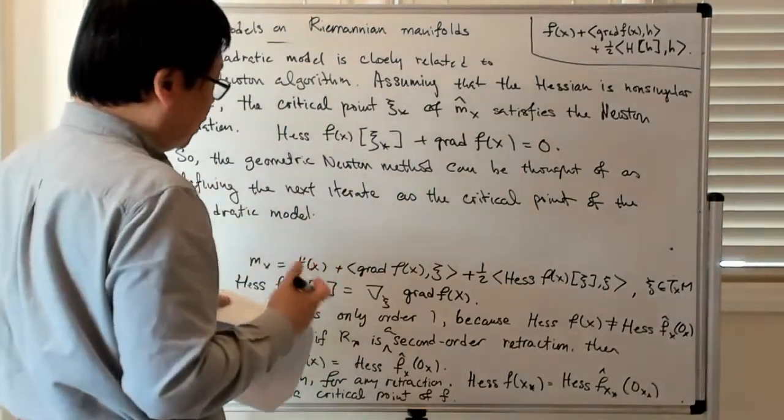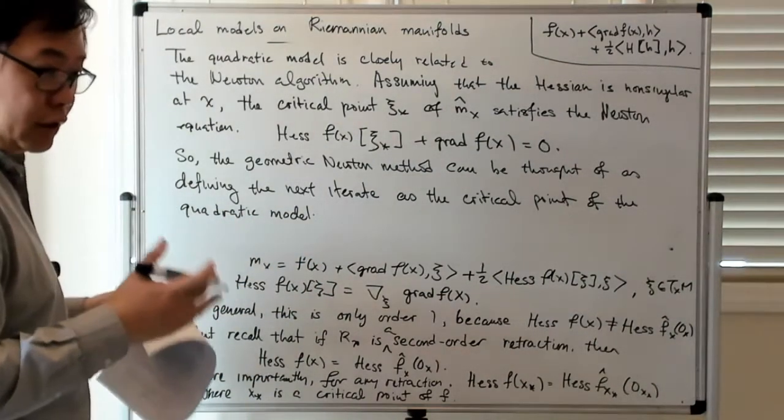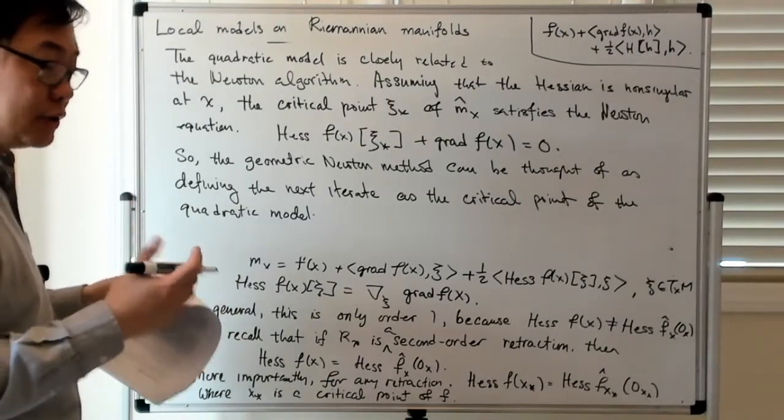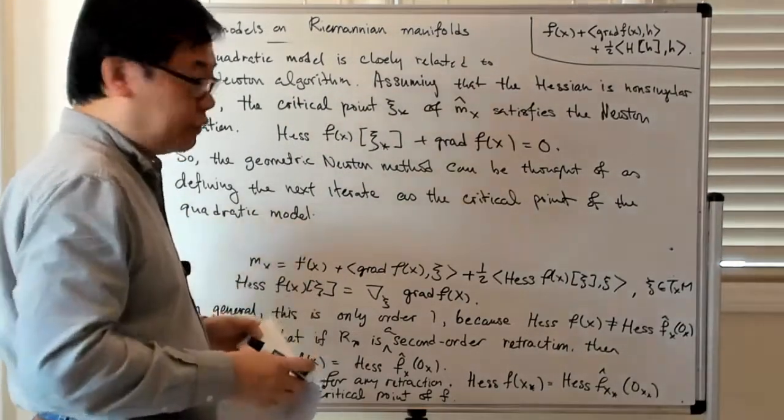And the nice thing about working with quadratic models in particular is that it's well understood how you then use trust region ideas to construct good methods with global convergence properties.